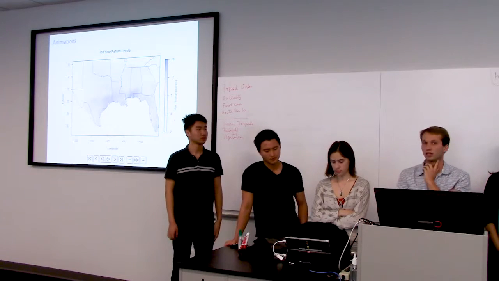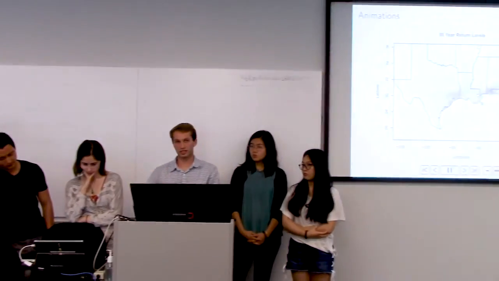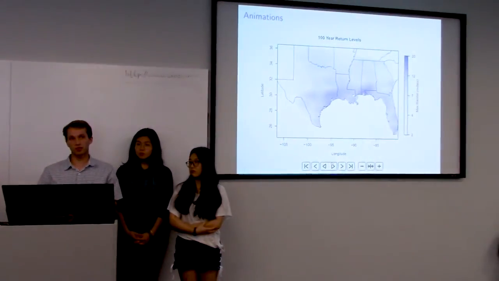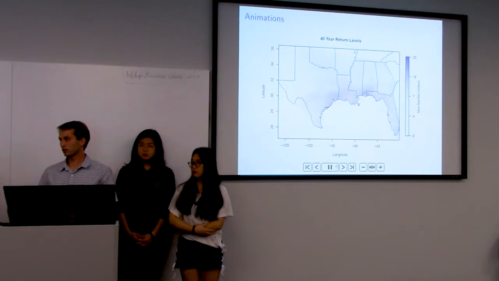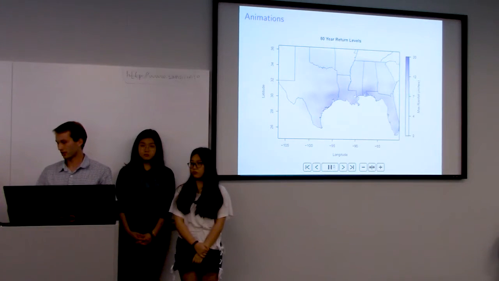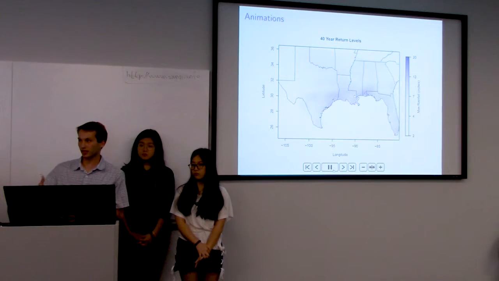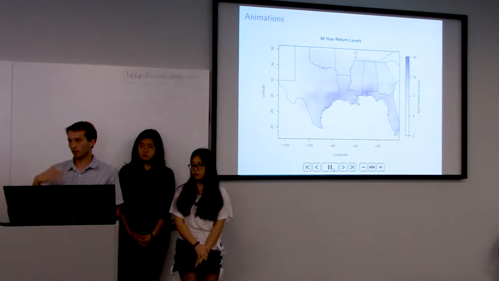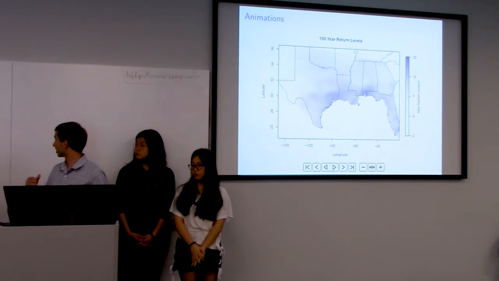One thing that's really cool about this animation, as you see it cycling through the 20-year, 40, 60, 80, 100-year return levels, is that once we've fitted the distribution to the data, it's not very difficult at all to compute these quantile values. We do the bulk of the hard work fitting the distribution, doing the parameter tuning of the scale, location, and shape parameters.